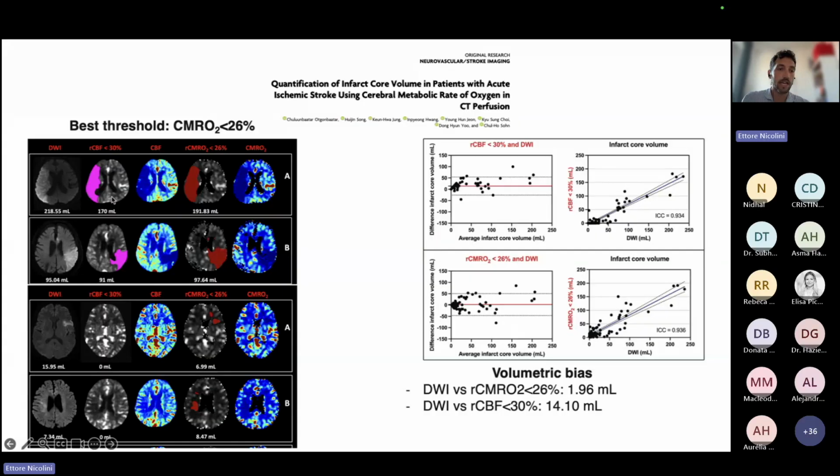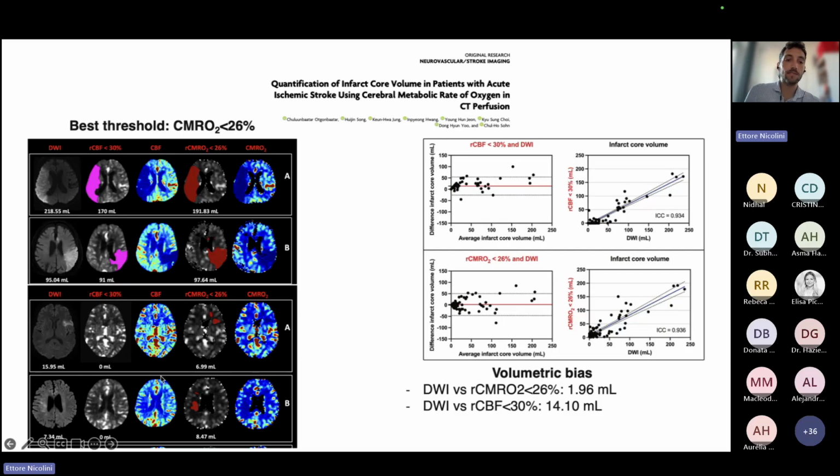Then they could see, as you can see in these images, that the core definition of CMRO₂ was more coherent with DWI than the relative cerebral blood flow definition, with a volumetric bias between DWI and CBF of about 40 milliliters, and between DWI and CMRO₂ of less than 2 milliliters.